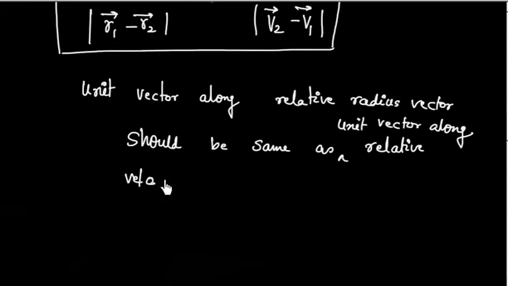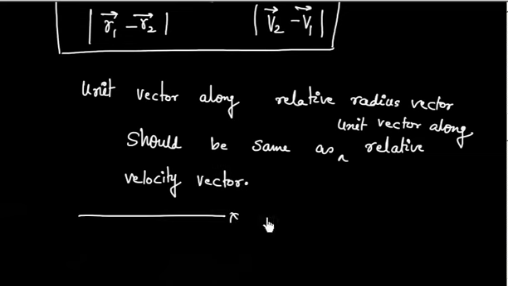Are you getting? So this is the relative velocity vector. This is the idea about this problem. It is quite an easy problem we have here.